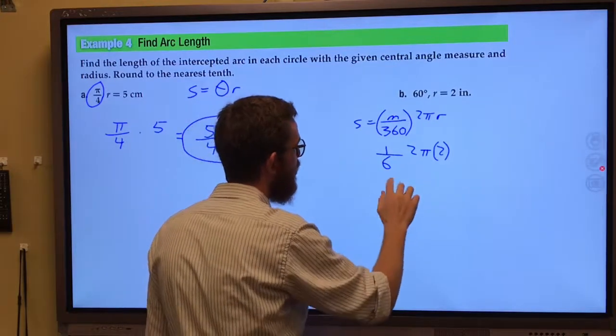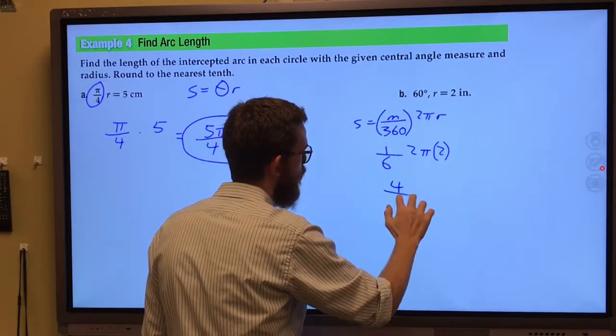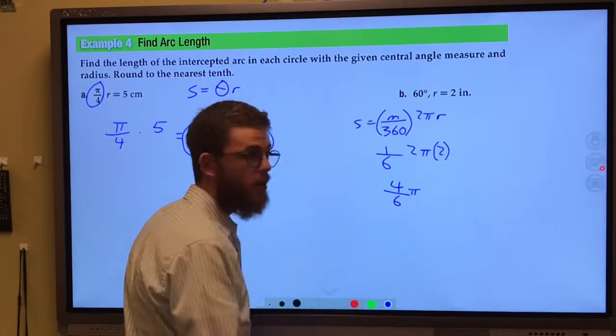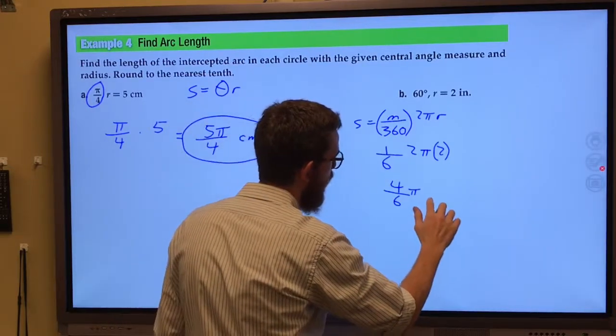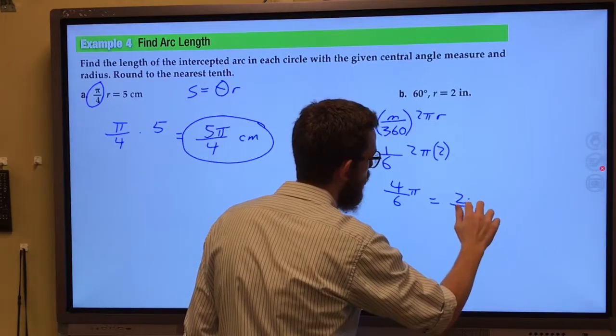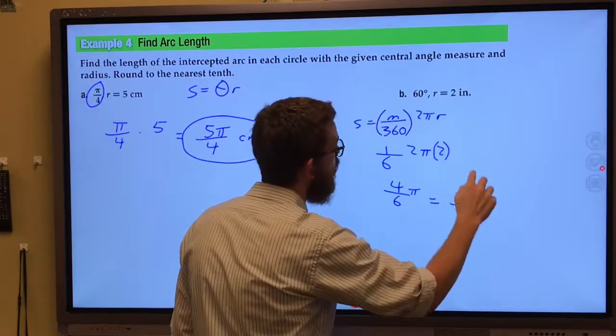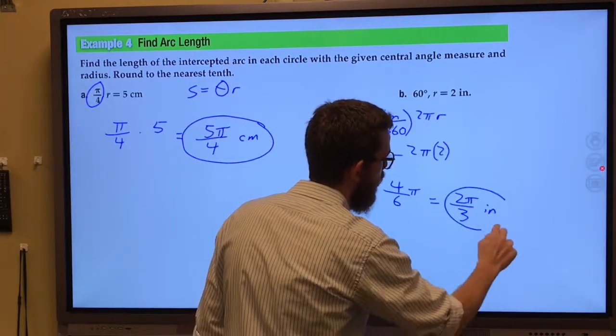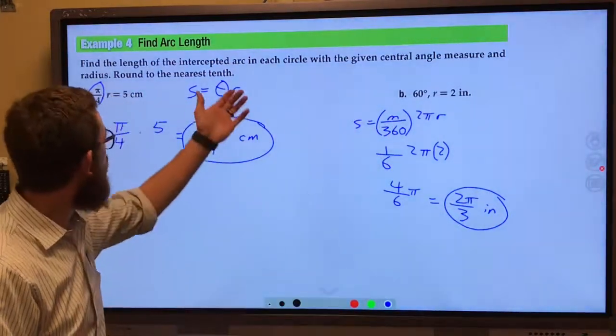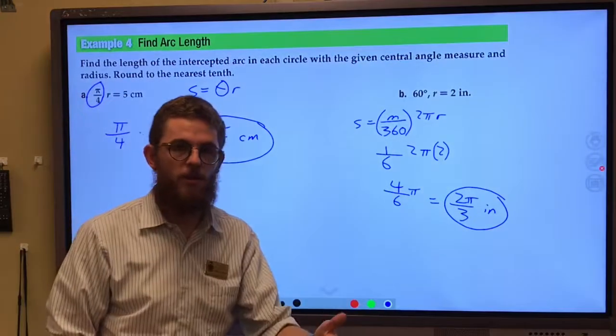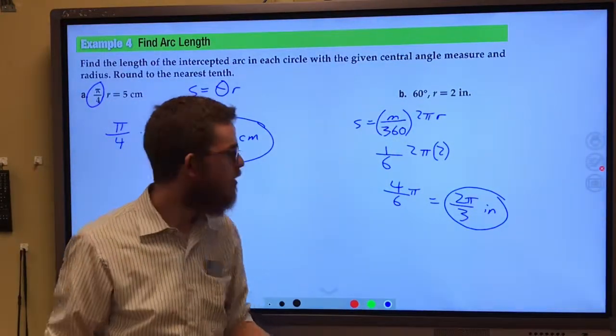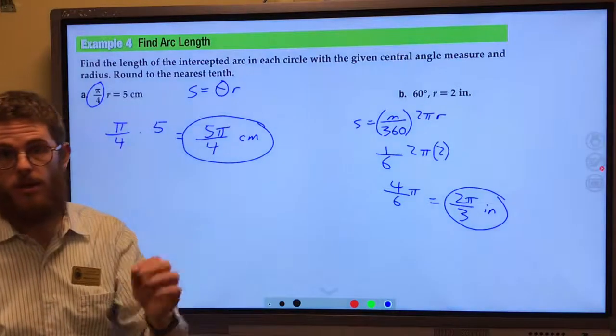So we have 1/6 times 4 pi, that would be 4 over 6 pi, which reduces to 2 pi over 3, and I am working in inches. Once again, if you wanted to round to the nearest tenth, you could plug it in the calculator and round, but this exact form is even better.